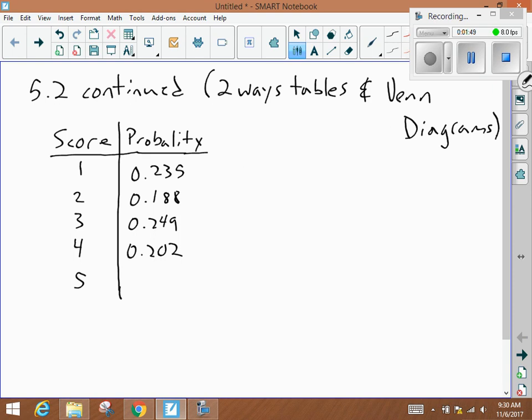And the probability of a 5 is 0.126. Is this among students who take the class? This was randomly selected. If you were to randomly select a student who took the 2013 AP Statistics exam, this would be the probability that that student got one of these scores. Okay.